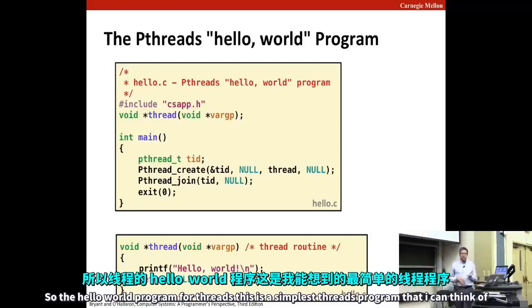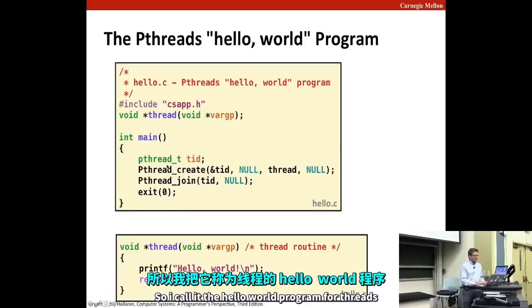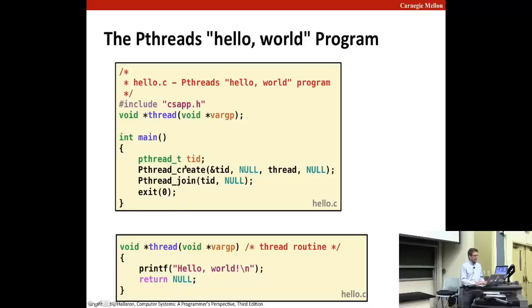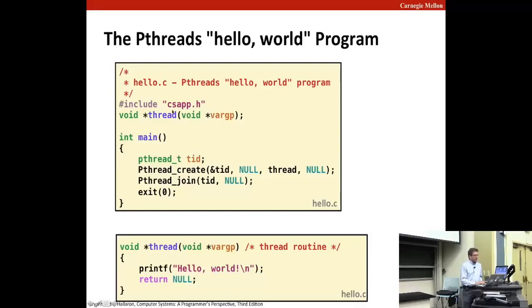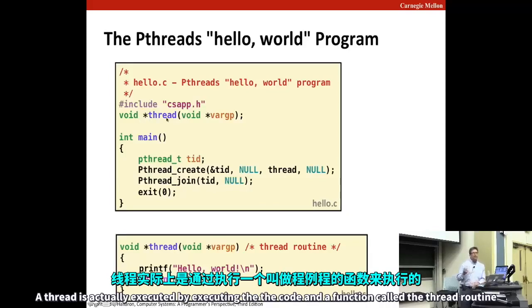So the Hello World program for threads is the simplest threads program that I can think of. This program defines a function. In POSIX, a thread is executed by executing the code in a function called the thread routine.